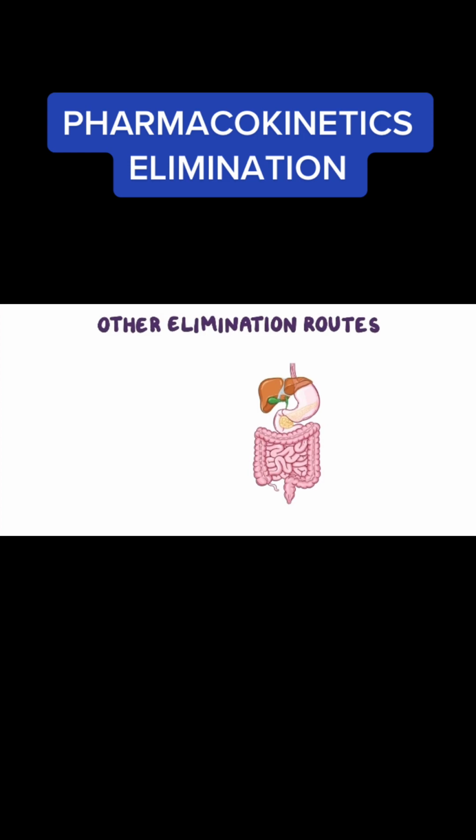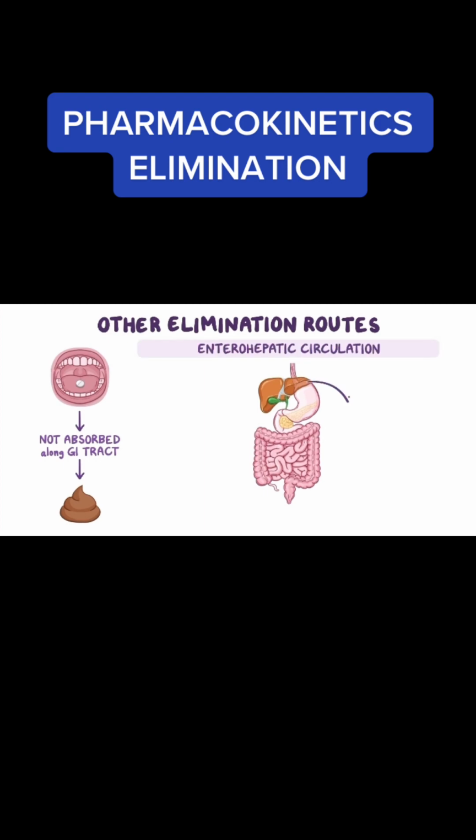Aside from the kidneys, medications can also be eliminated through the gastrointestinal or GI tract. So orally administered medications that do not get absorbed along the GI tract are directly passed in feces. On the other hand, some medications undergo a process of enterohepatic circulation when a medication is transferred by the liver into the bile.